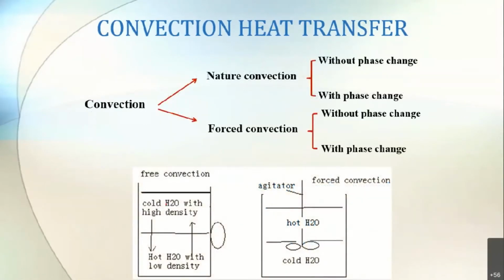Again, for convection, we can have two types: natural convection or forced convection. Forced convection and natural convection can happen without phase change and with phase change. For example, if you have steam, it initially will be in gas form.